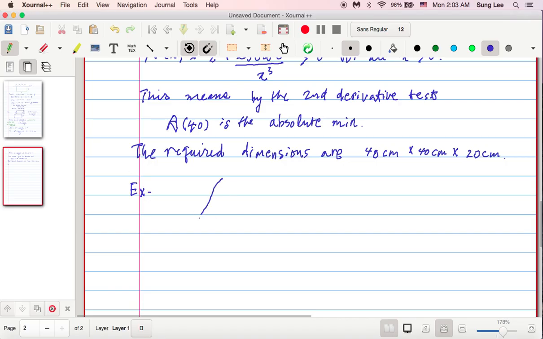So I'm going to draw the same box I drew earlier.